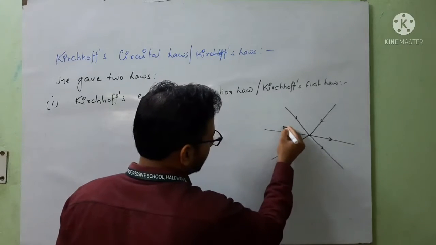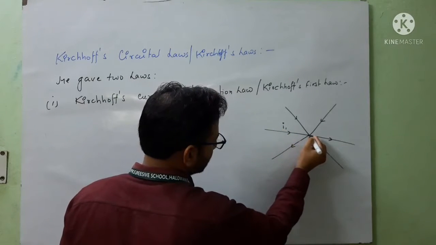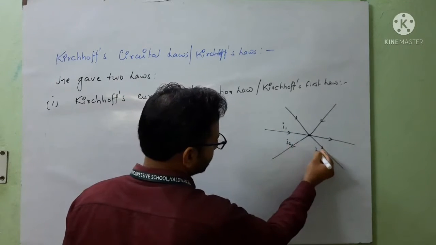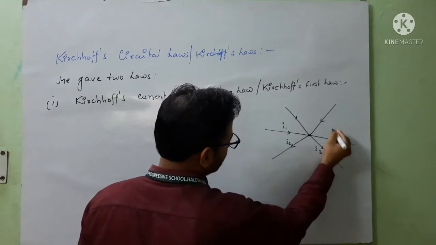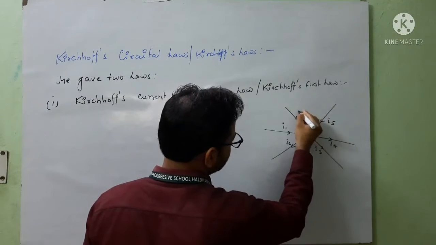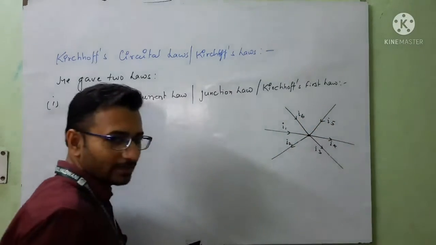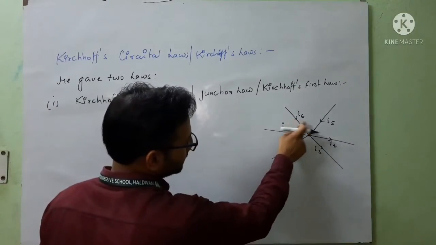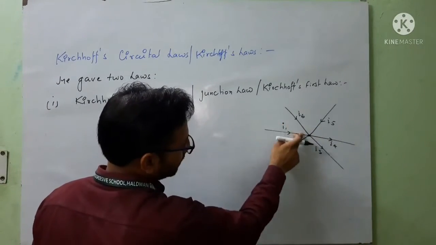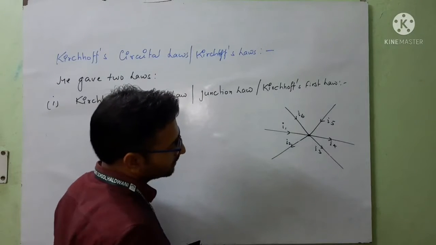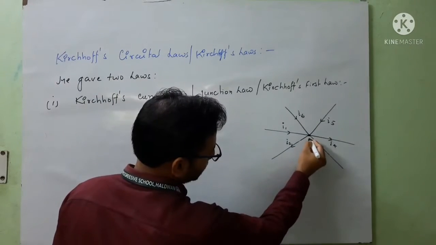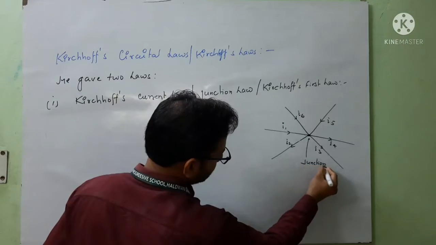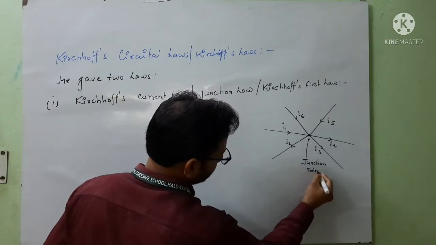Suppose this is a junction and I1, I2, I3, I4, I5, I6, I have drawn the current like that, in which the currents I1, I6 and I5 are coming toward the junction. This is our junction point in the given circuit.